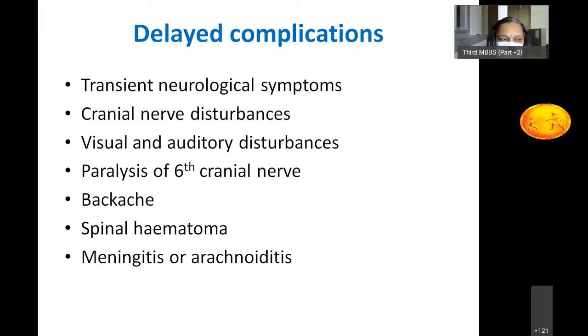Spinal hematoma is also there if you are not properly maintaining the contraindications of spinal anesthesia. Backache, because of the relaxation of the ligaments during the anesthesia, there may be a complaint of backache later on, but it is not due to the spinal anesthesia. It is because of the patient's other problems also.